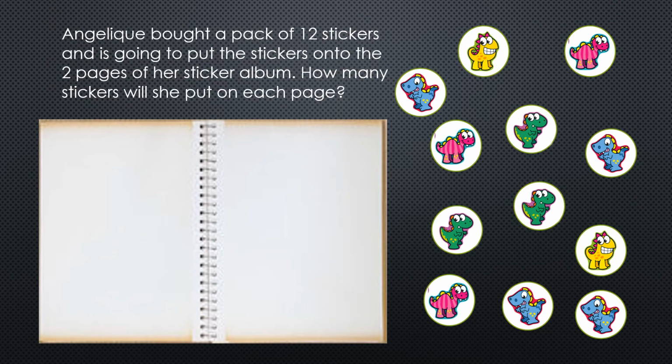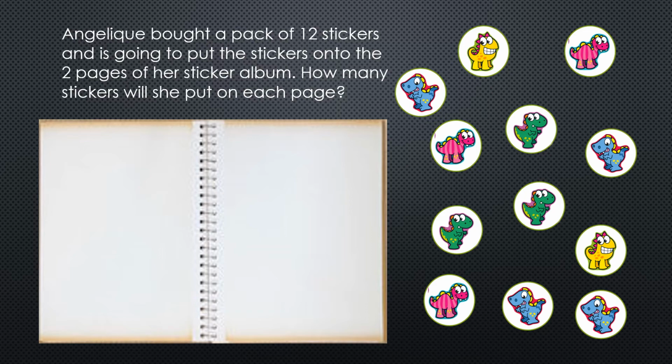Again, we're thinking about taking objects and placing them equally into the groups. So Angelique bought a pack of 12 stickers and is going to put the stickers onto 2 pages of her sticker album. Now in this case, our total objects are the stickers, and we know the number of groups. Our pages are the groups.